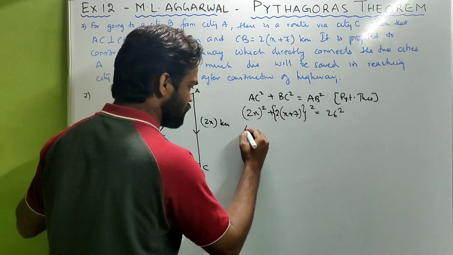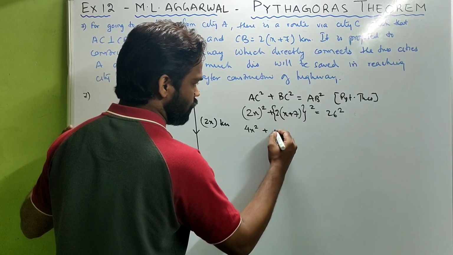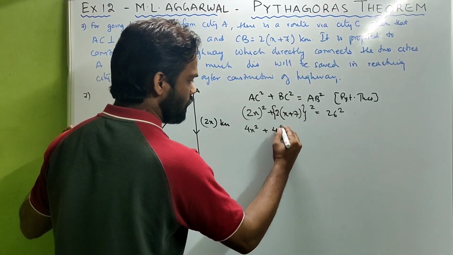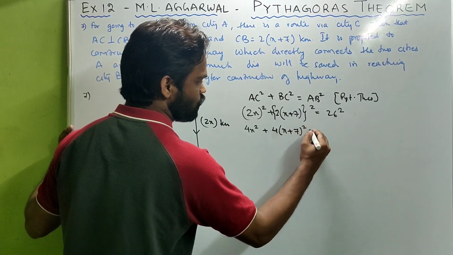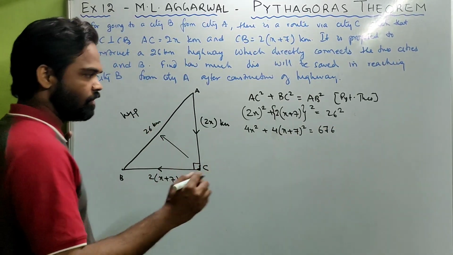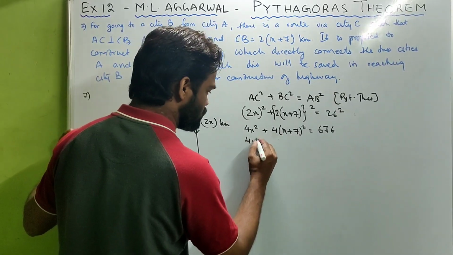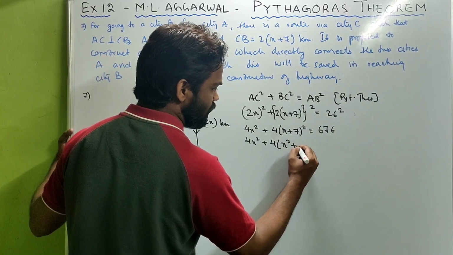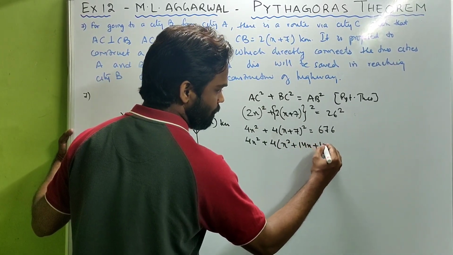Solve it. This is 4x square. Open the bracket. 2 square will be 4, and this is x plus 7 whole square, and 26 square is 676. Now, x plus 7 whole square is a square plus twice ab plus b square.